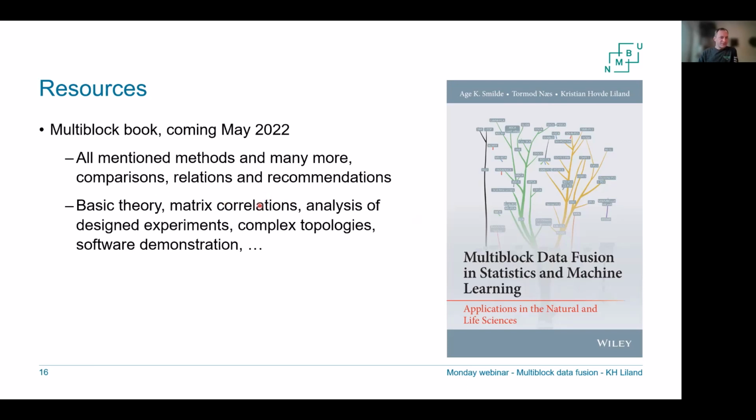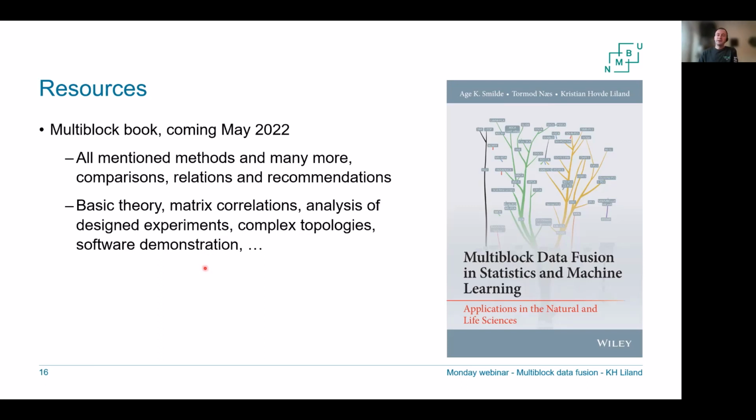You will also find matrix correlation in one chapter. You will see analysis of designed experiments, so ASCA-type analysis, and also the more complex topologies that were not mentioned here. And there's a whole chapter devoted to only software.